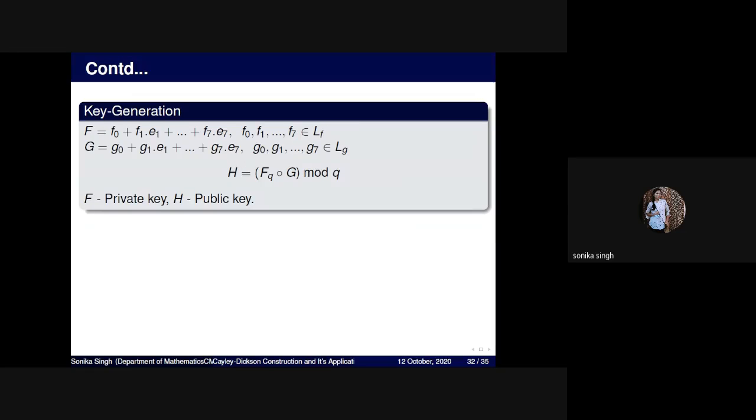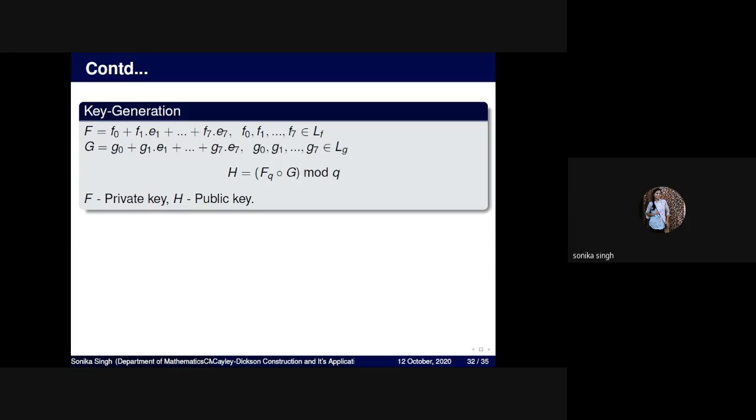We can see here the mathematical model for the OTRU crypto system. For the key generation algorithm, first of all, 2 octonions are generated, F and G, where F0, F1, F2, up to F7 are from the parameter sets LF and LG.